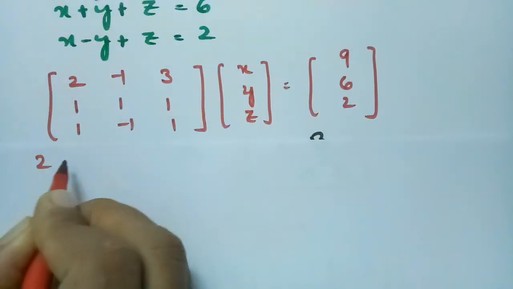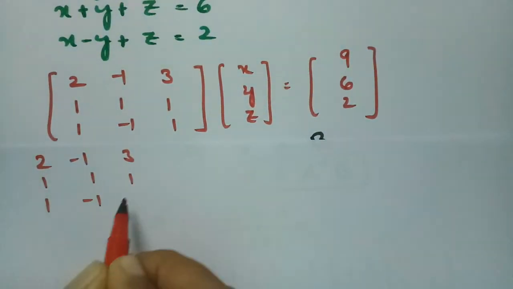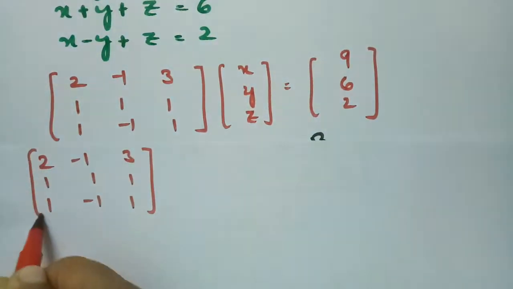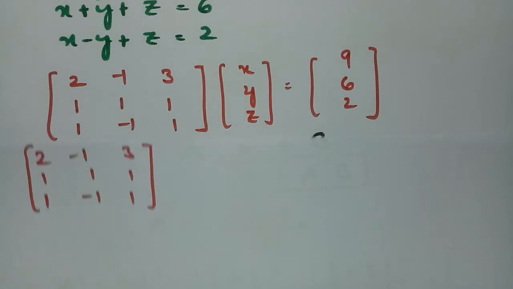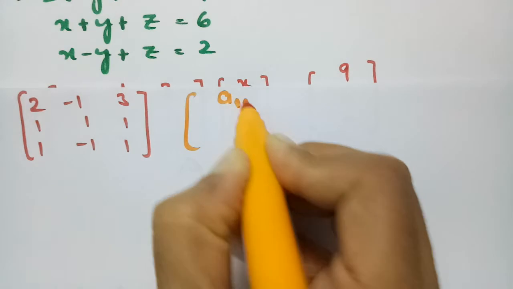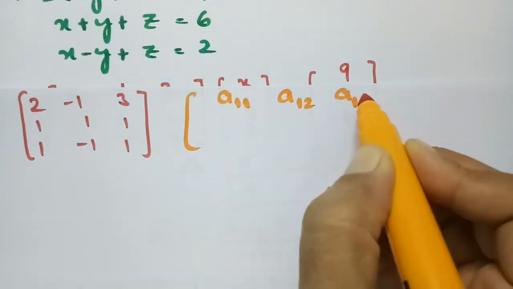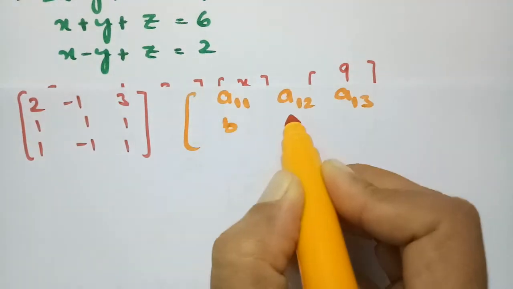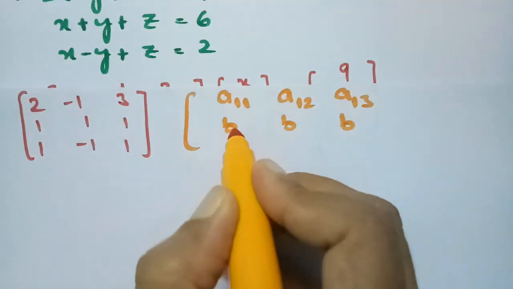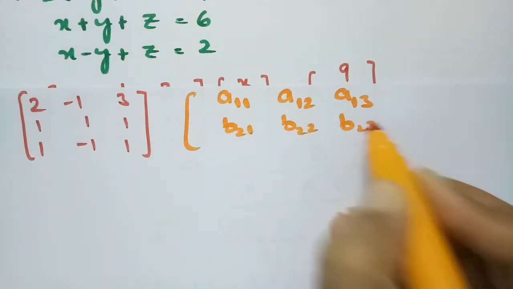A is given as 2 minus 1 3, 1 1 1, 1 minus 1 1. If I compare this with A11, these are the elements from row 1, column 1, column 2, column 3. These are the elements from row 2, column 1, column 2 and column 3.